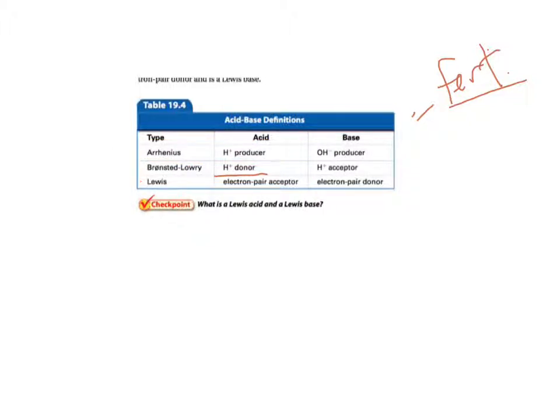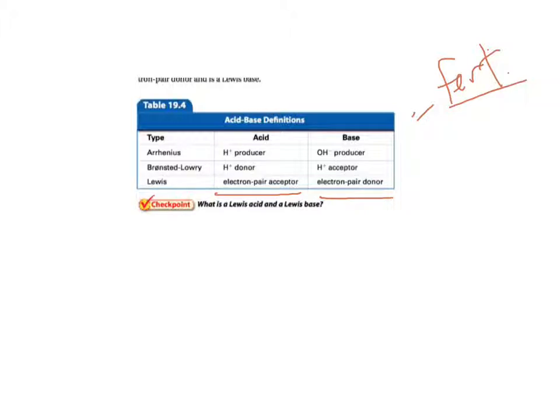Now, when we look over here at the Lewis definition of an acid and a base, this is a more generalized way of looking at acids and bases, not just from a hydrogen ion perspective or a hydroxide ion perspective. The Lewis acid and base says basically a Lewis acid is an electron pair acceptor, and a Lewis base is an electron pair donor. Now, that seems a little confusing just on the surface, but really it isn't.